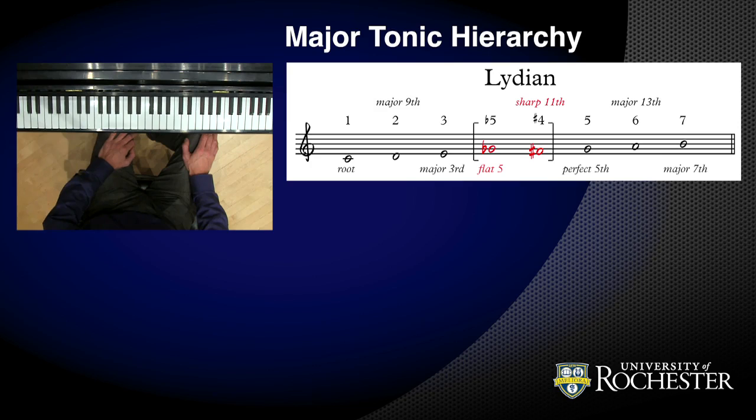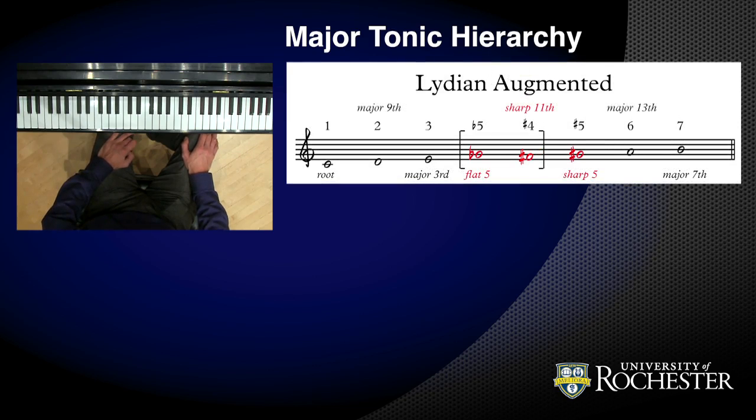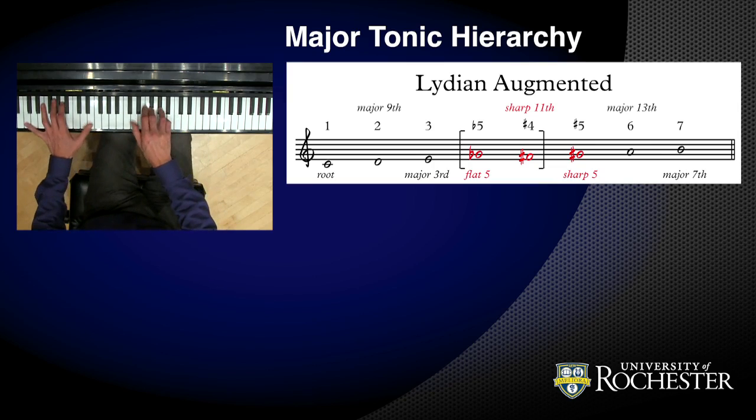And the most chromatic mode out of the major tonic category is Lydian augmented. And you can see 2 beauty marks, sharp 5 and sharp 4. Right? So that's the sound of your Lydian augmented used as a harmony.